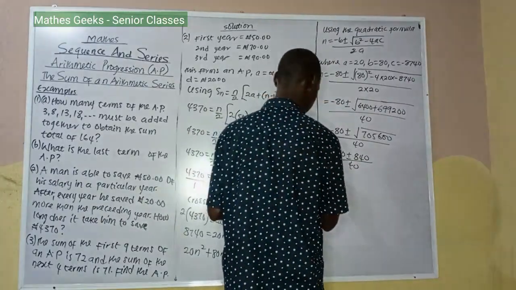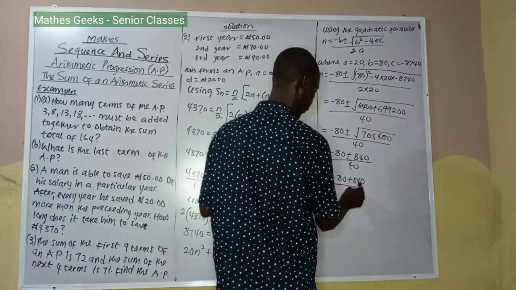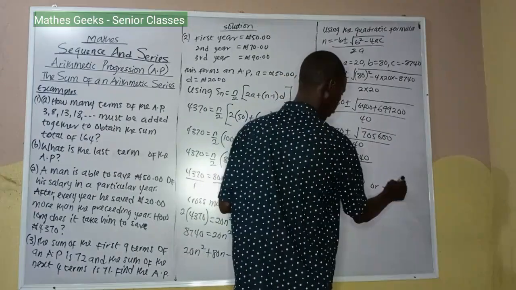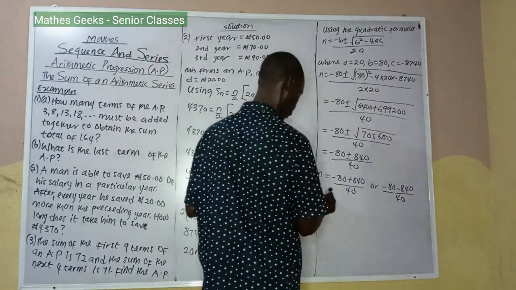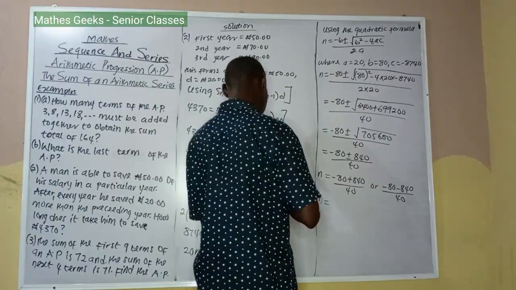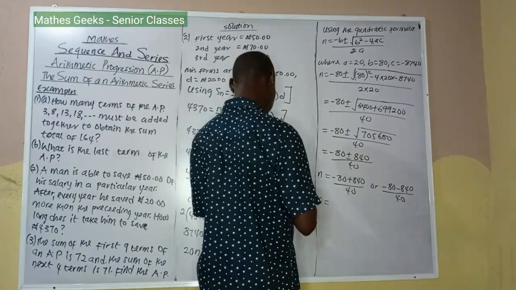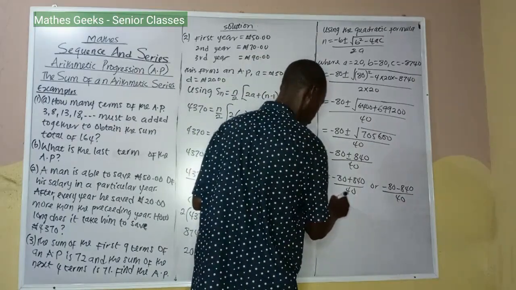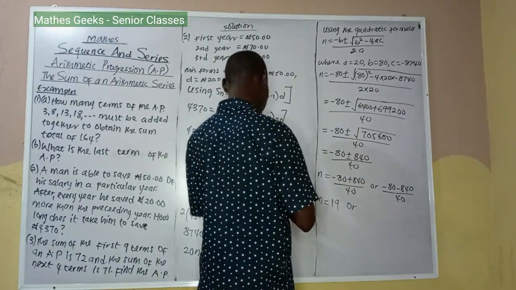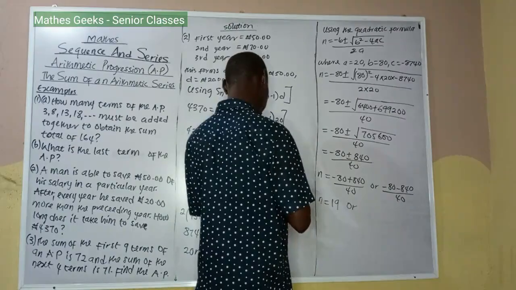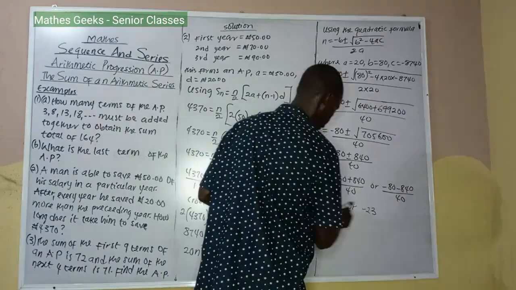So n is equal to minus 80 plus 840 divided by 40, which is 19, or minus 80 minus 840 divided by 40, which is minus 23.